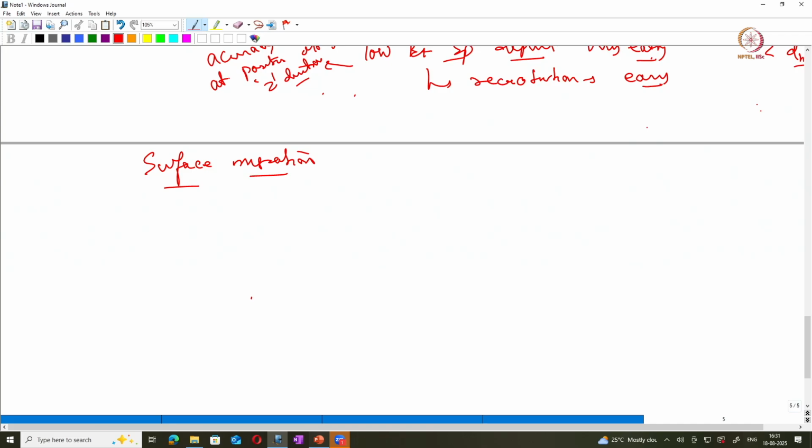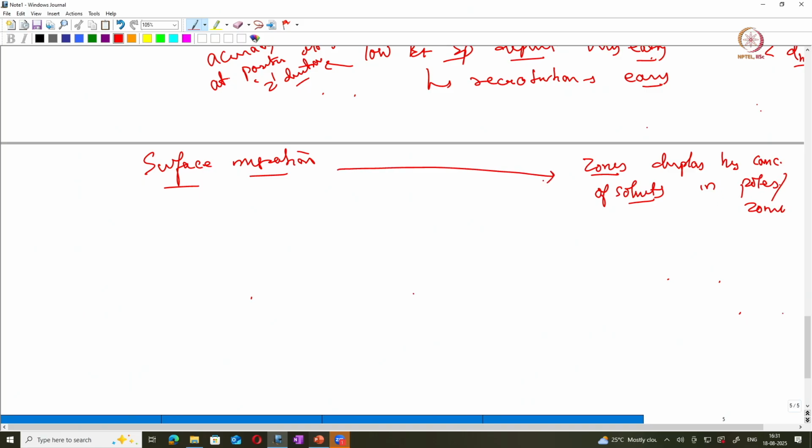Okay, so in the image we know that the zones or the poles display a high concentration of solutes in the vicinity of poles and zone lines. This surface migration causes the regions or zones that display a high concentration of solutes in the poles and the zone regions.